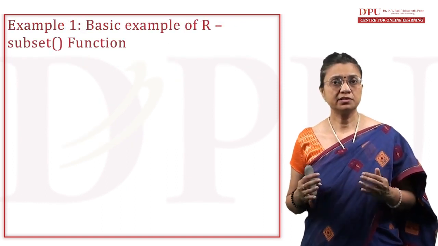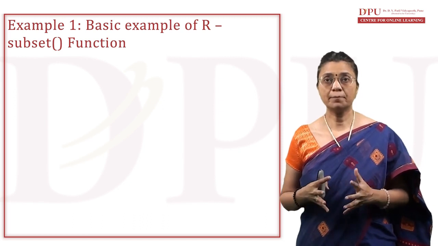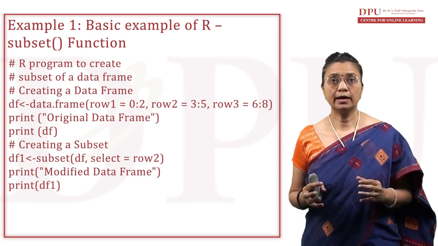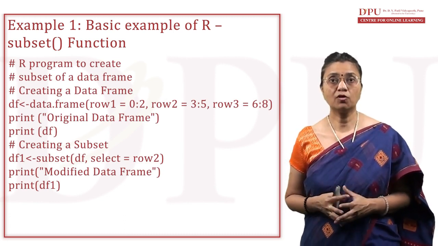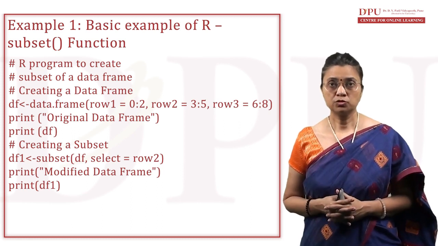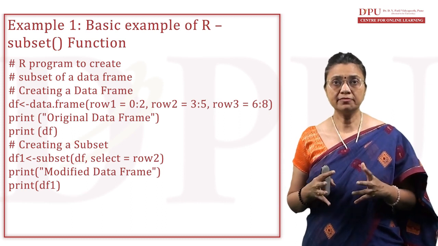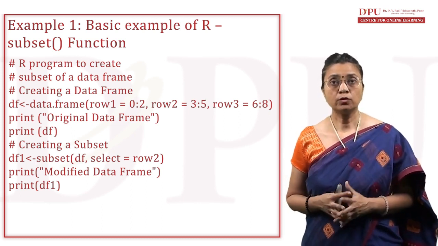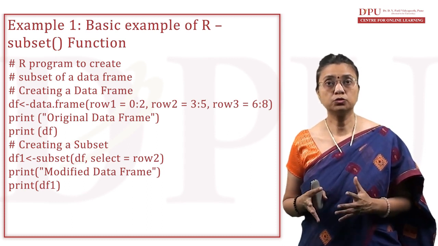Everything is incomplete if we don't understand the same in the language of coding. So this is the best example of the subset function, where we are creating a subset of a data frame with the help of certain parameters. First of all, let's understand what the data frame is. The data frame has row 1 equals 0 to 2, row 2 is 3 to 5, and row 3 is 6 to 8.